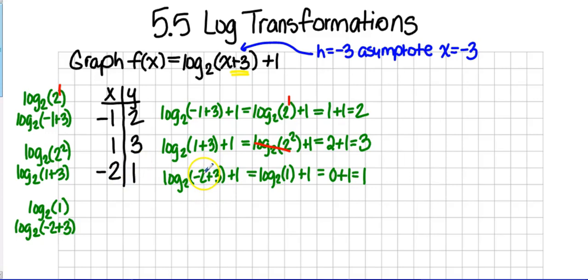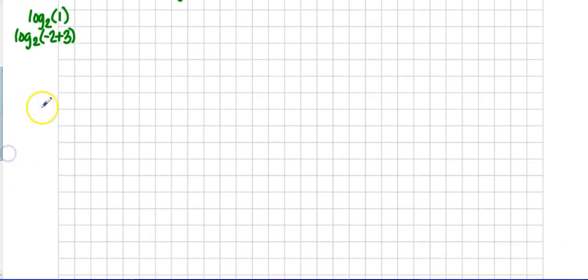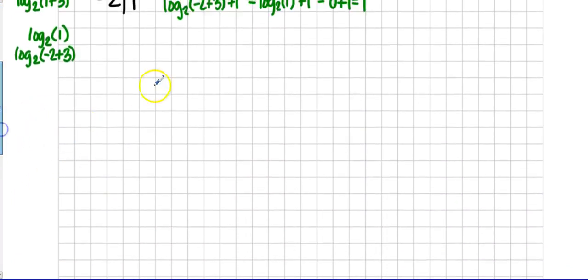I now have my 3 ordered pairs, which is awesome. And I'm going to ask that we now sketch a 10 by 10 graph, an accurate 10 by 10. So for me, I'm going to keep mine to the right a little bit.